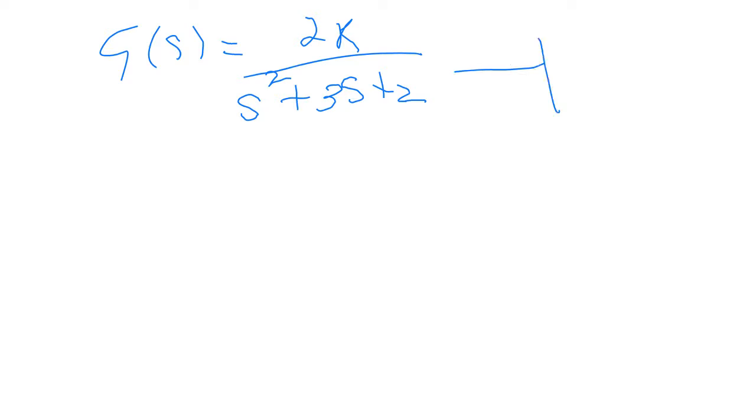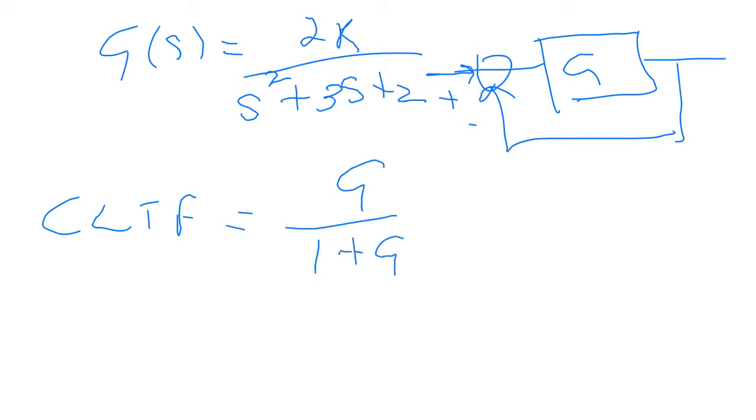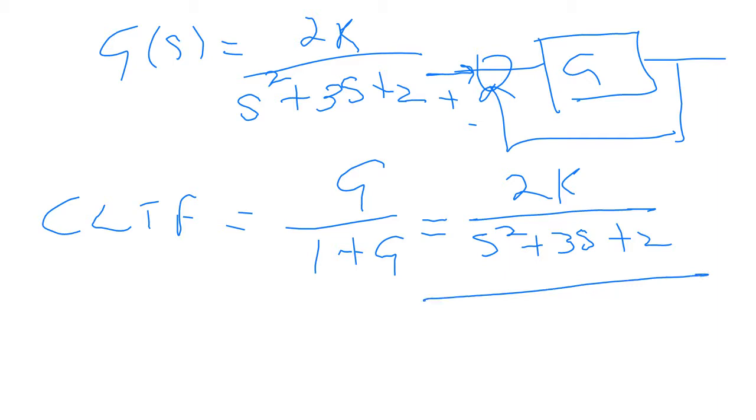Now the closed loop transfer function, I'm going to do it the long way, is G over 1 plus G, which equals 2k over s squared plus 3s plus 2, all over 2k over s squared plus 3s plus 2, plus 1.